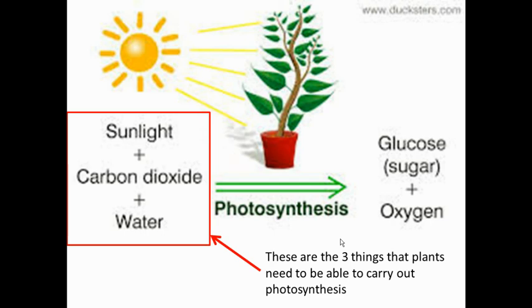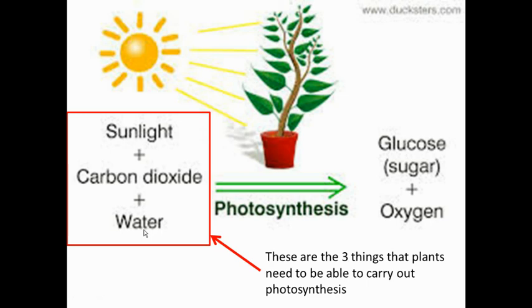These are the reactants, the things that react together in order to make the reaction happen. And the products, the things that are produced, are the sugar glucose and the gas oxygen. So sunlight, carbon dioxide and water are the reactants.